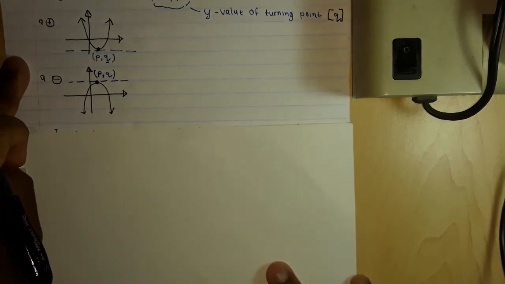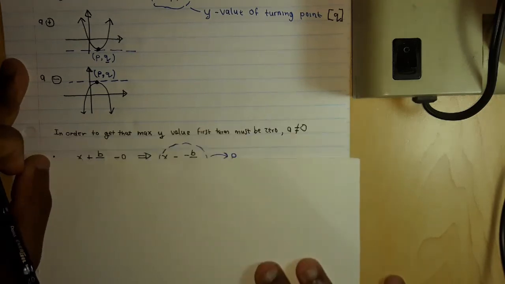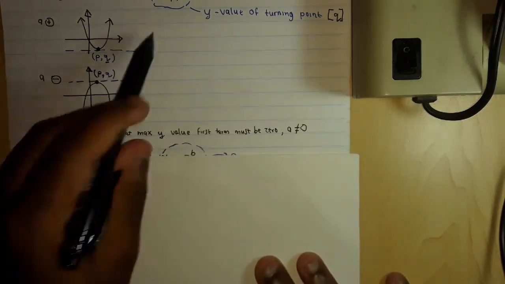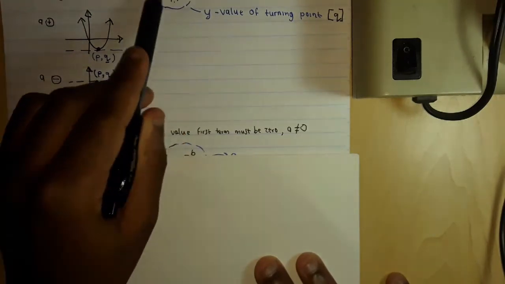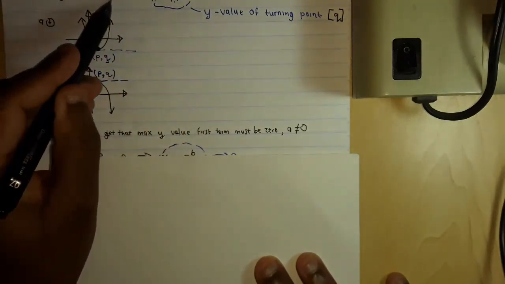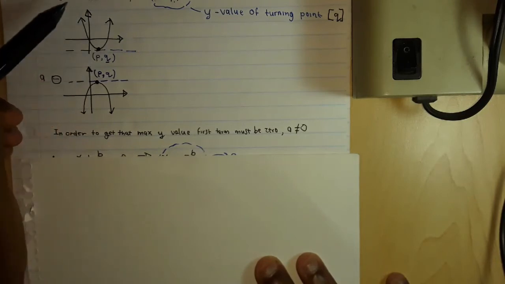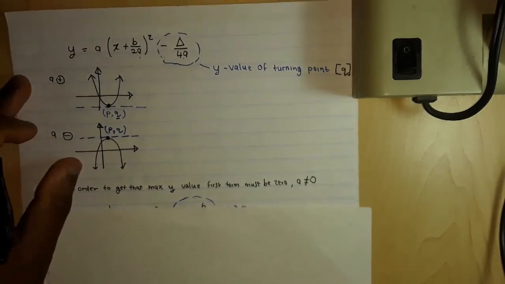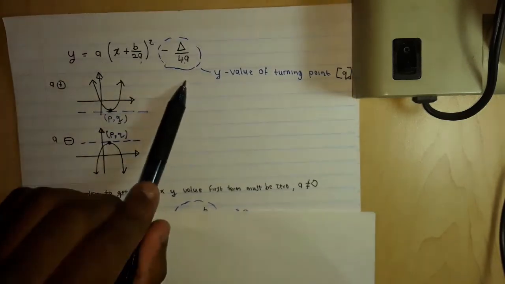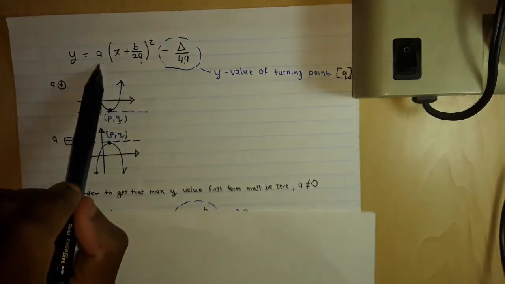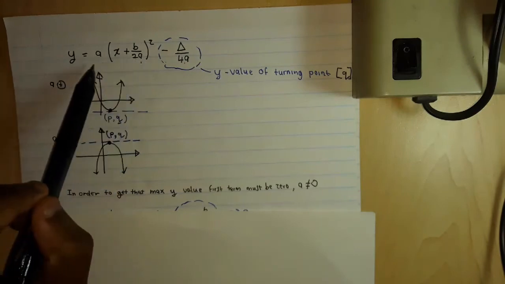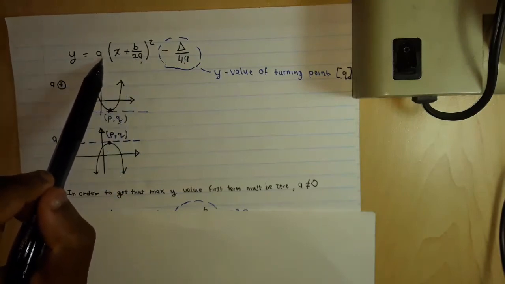And so now, if we want to achieve the maximum y value, which is this, we do agree that this term must go to 0. But we know that in a parabola A cannot be 0.